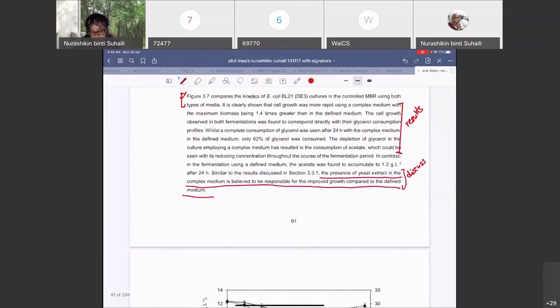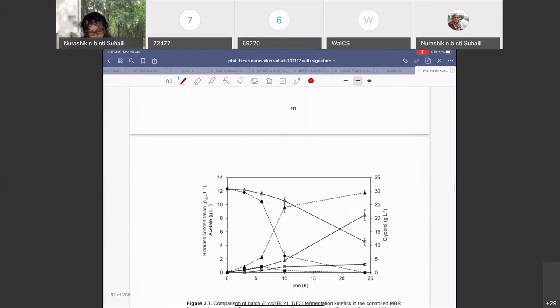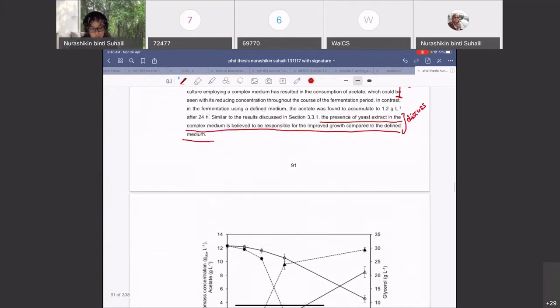So this is to show you that for the results, of course, you have to introduce it, and then describe. That means you just elaborate and describe the important findings of whatever figures you have.